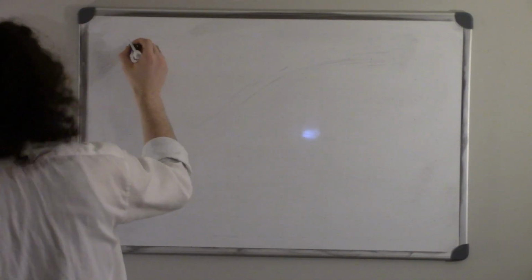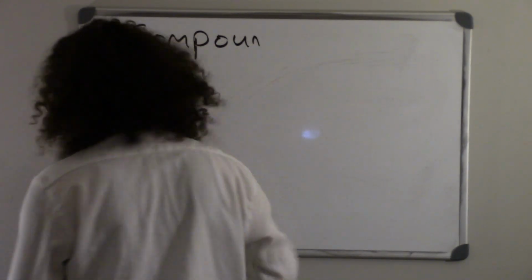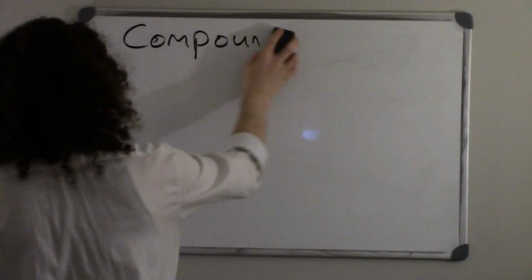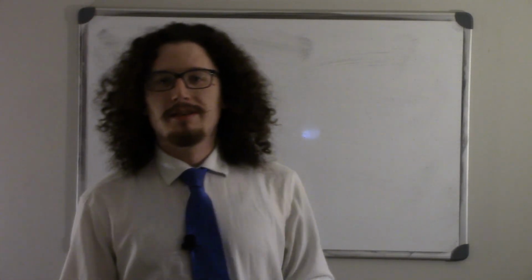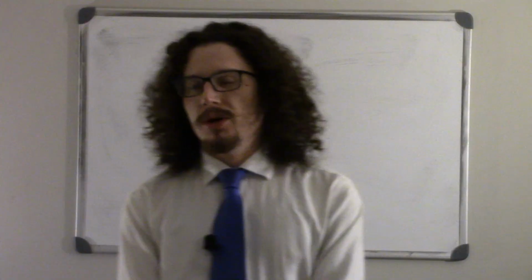But again, let's take a break from that, and we're going to talk about compound events. I'm not even going to write that up here. We don't really need to. Compound events are just events where there's one or more things happening. That's essentially all we're doing with these compound events.